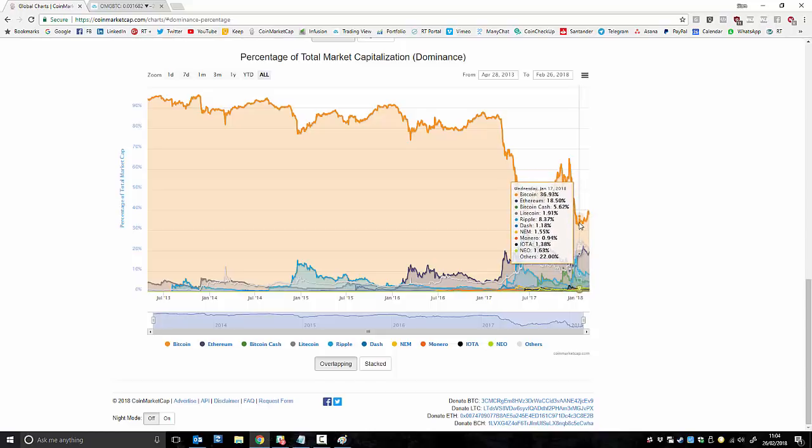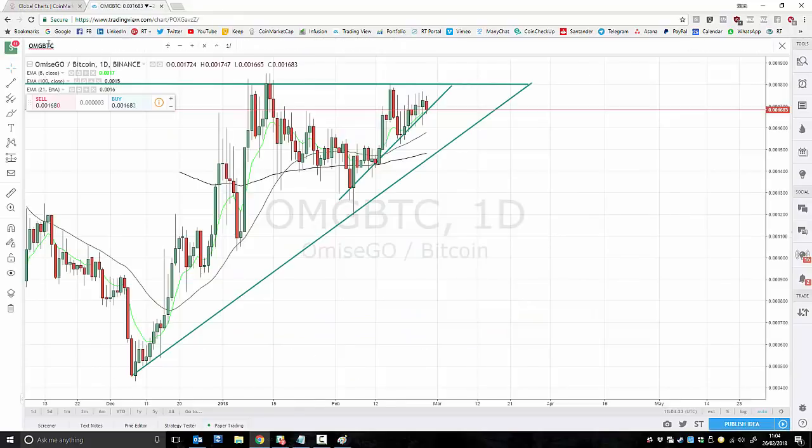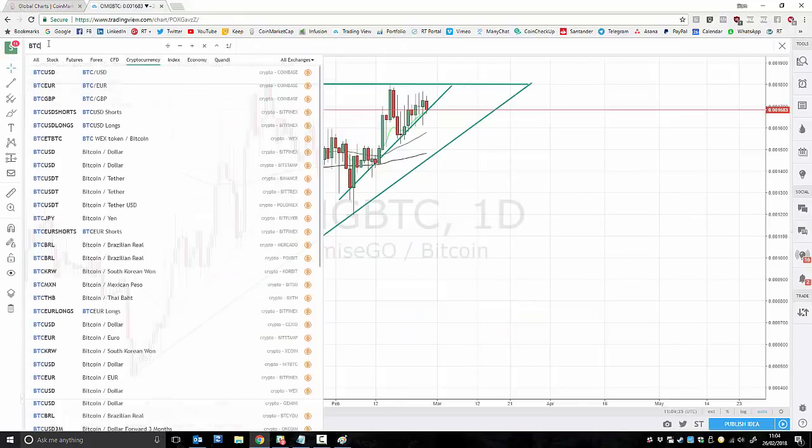Now, it was hovering around 35% for a while, and unfortunately we don't have a proper chart to show this, but I can guarantee you that this is basically what's called a rising wedge in a falling market. So this is a continuation pattern, so we will see market share continue to drop eventually. So that's that.